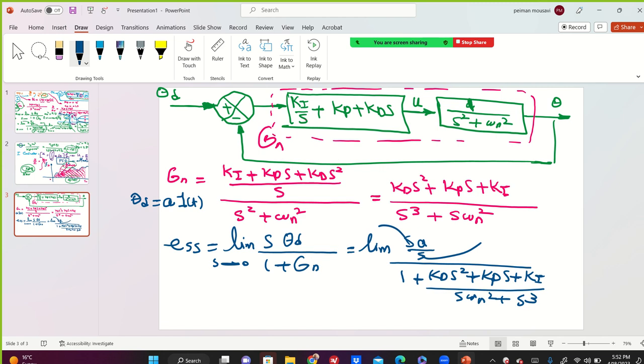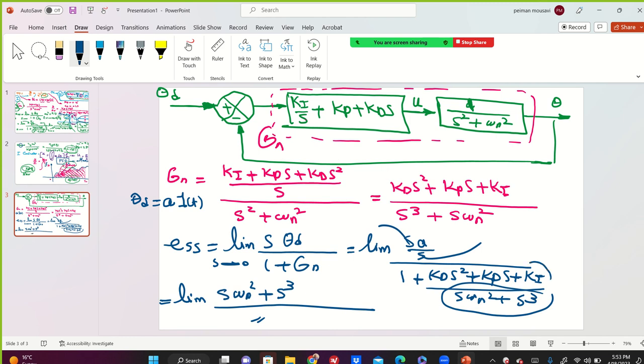You have a constant number here, and as s goes to 0, the limit goes to 0.